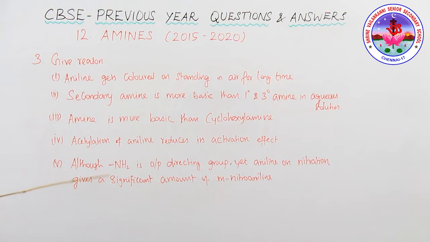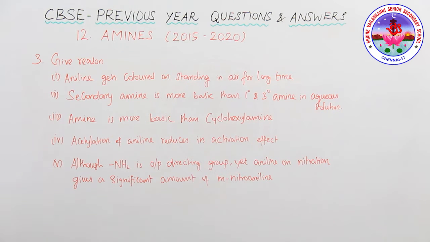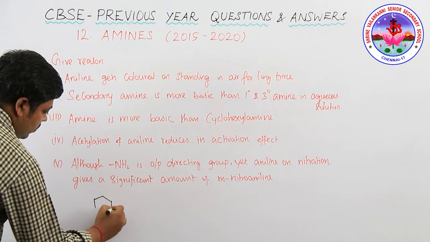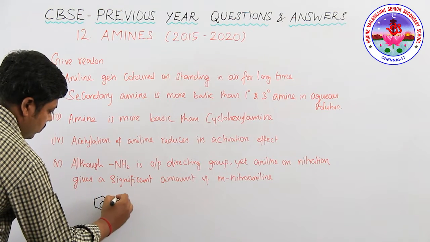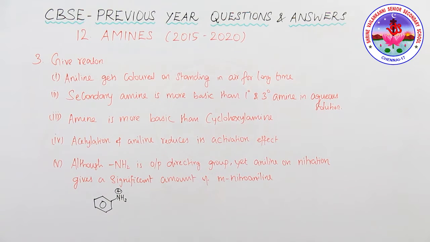Mainly you can write it as a benzene ring with NH3, which is called the anilinium ion. This is the reason: the formation of the anilinium ion. The NH3 group is meta directing because of its electron withdrawing nature. So this is the reason.